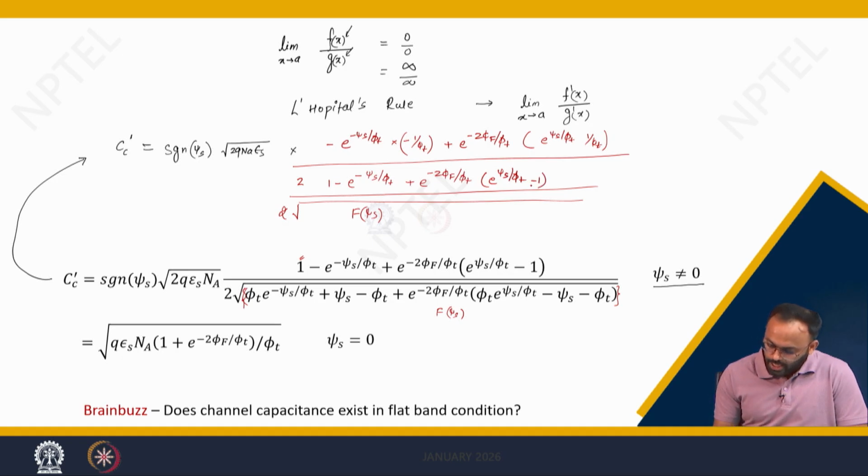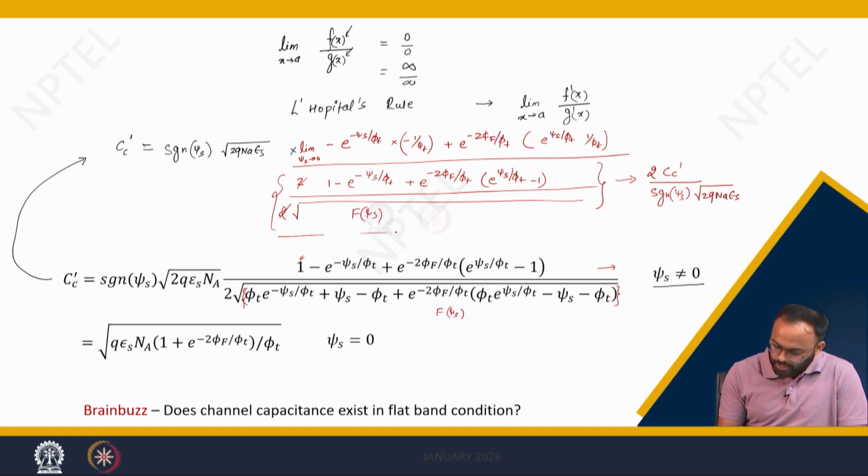Now, if you see and put the limit psi s equals 0. If you see carefully, the denominator can be rewritten from this equation as C c dash divided by signum of psi s into square root of 2 into q into Na into epsilon s into 2.